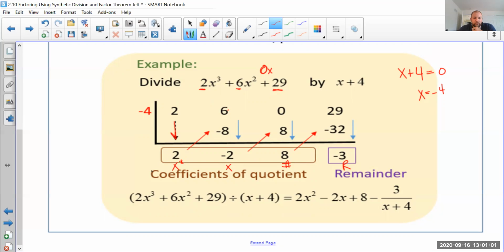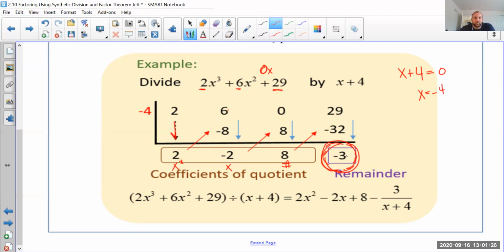The answer is no. There's a remainder. Same thing with polynomials. The way that I figure out if x plus 4 is a factor of this polynomial is I divide it, synthetic division, and see if there's a remainder. If there's a remainder, then no, it's not a factor. If the remainder is 0, then yes, it divides into it evenly and it is a factor.